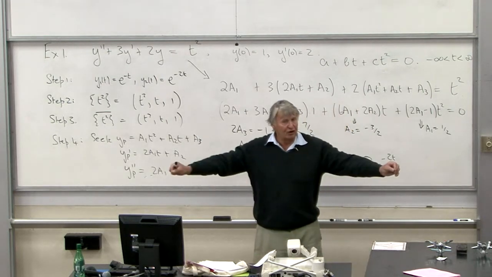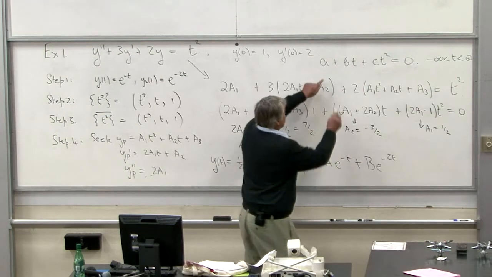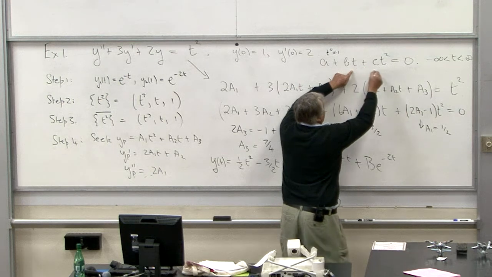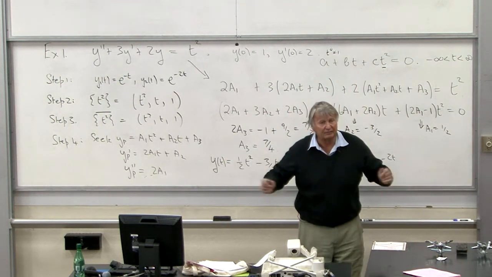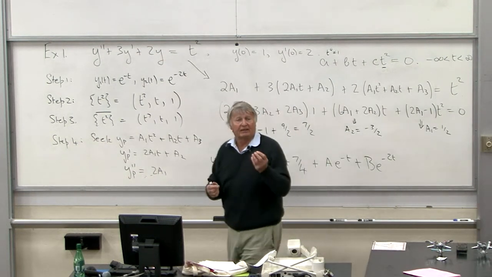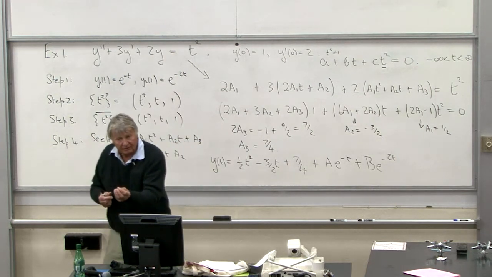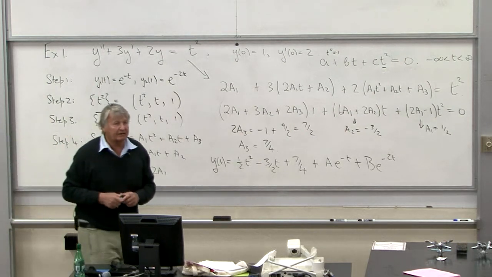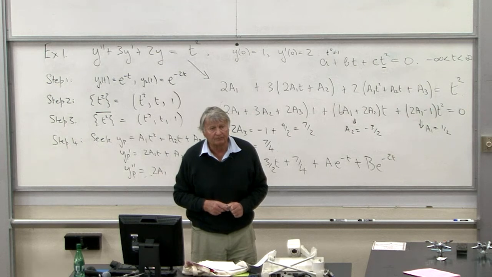But it has to be true for all t. Is that possible? No, because t to the 0, t, and t squared are linearly independent functions on that interval. And linearly independent functions are such that if you take k1 of one of them, k2 of another, k3 of another, and make that 0, the only way that can hold throughout the interval is that the coefficients have to be 0.